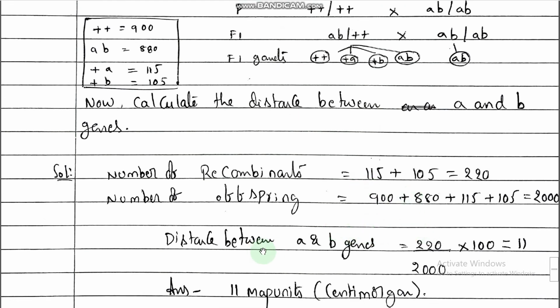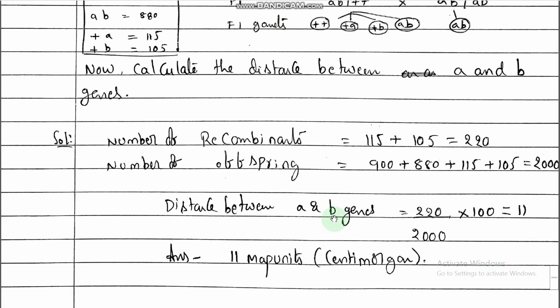So the recombination frequency means how many recombinants? 220 by the total number of progenies, how many? 2000. 220 by 2000 into 100 gives the percentage, which is equal to how much? 11 percent. So 11 percent means what?